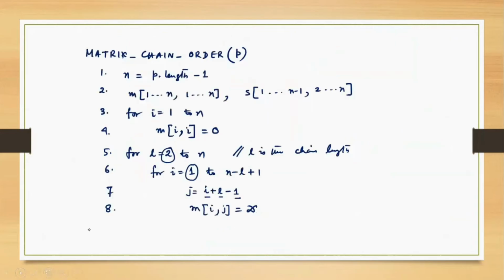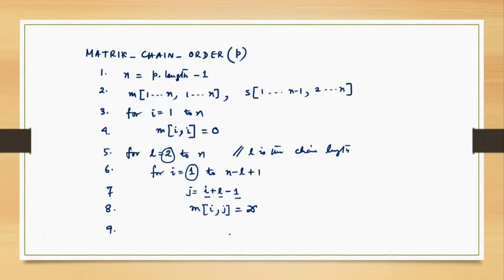Whenever your problem is to minimize something, the initial value should be infinity or a maximum, and then that should be compared. That's why m of ij is initialized as infinity. Whatever value comes after computation is compared with infinity, and that will definitely be the current minimum. If for another k value you get another value, it needs to be compared with the previous minimum. If this one is the least, then the new minimum will come out. Otherwise, we go on to the remaining part.